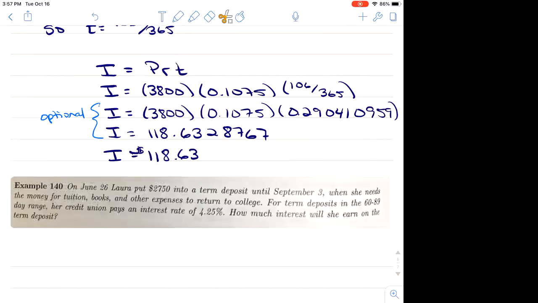On June 26th, Laura put $2,750 into a term deposit until September 3rd, when she needs money for tuition, books, and other expenses to return to college. Sound familiar? For term deposits in the 60 to 89 day range, her credit union pays an interest rate of 4.25%. How much interest will she earn on the term deposit?